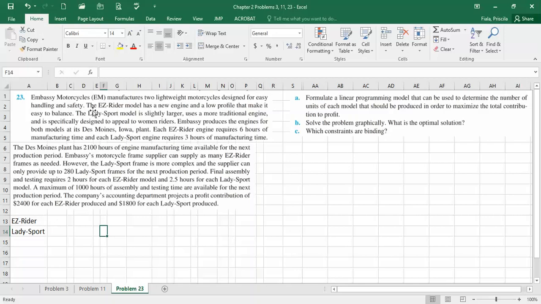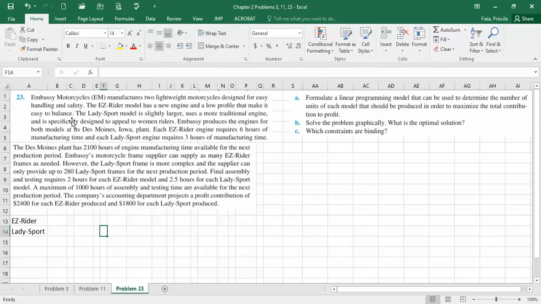The Easy Rider model has a new engine and low profile that make it easy to balance. The Lady Sport model is slightly larger, uses a more traditional engine, and is specifically designed to appeal to women riders. Embassy produces the engines for both models at its Des Moines, Iowa plant. I'm not sure if you say Des Moines. I said it how I understand.